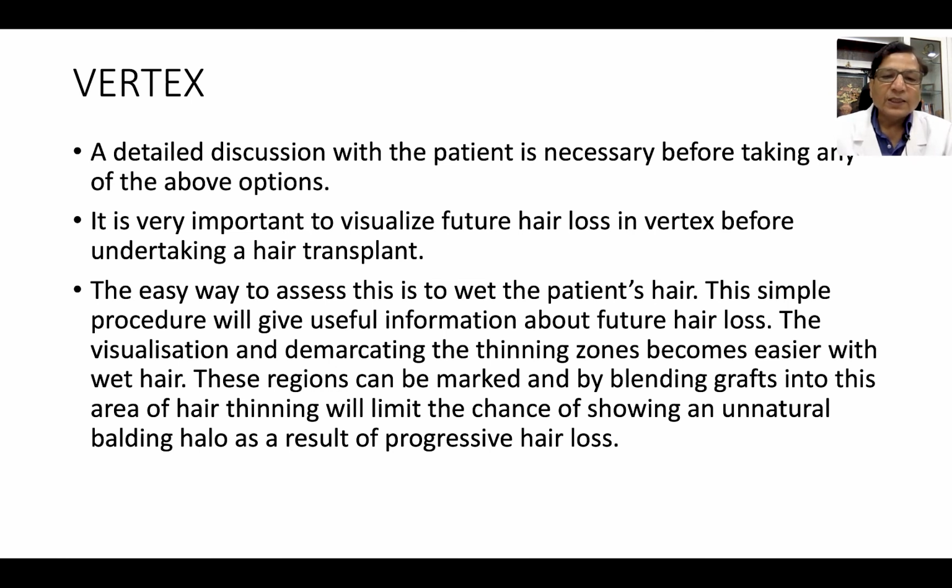The visualization and demarcating of the thinning zone becomes much easier when you wet the hair. These regions can be marked, and blending graft into this area of hair thinning will limit the chance of showing an unnatural balding halo as a result of progressive hair loss.